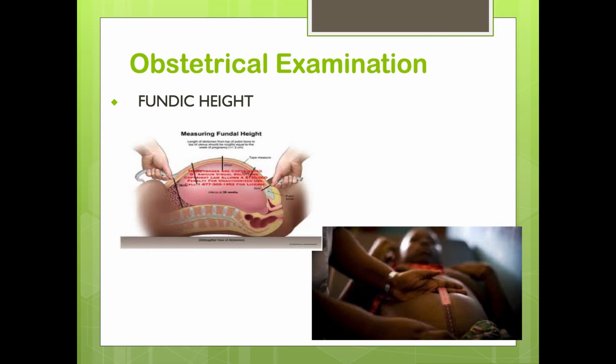You don't approximate the whole length of the abdomen up to the fundus. The proper way is, if you look at the second picture below, the left arm or left hand of the examiner is only approximating the top of the fundus, and you can see the measuring tape going through the index and the middle finger of the examiner. So hindi niya mineasure from the top up to the end, as you can see in the left-hand picture.